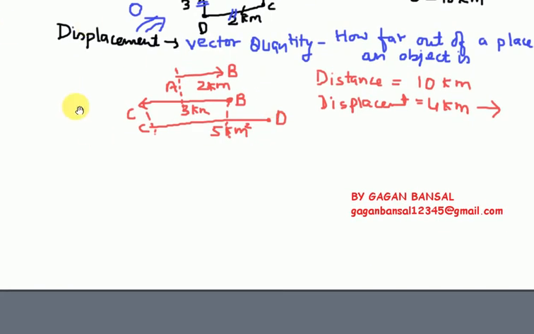Now coming to velocity. What is velocity?